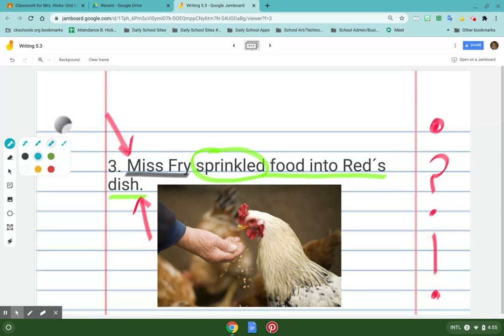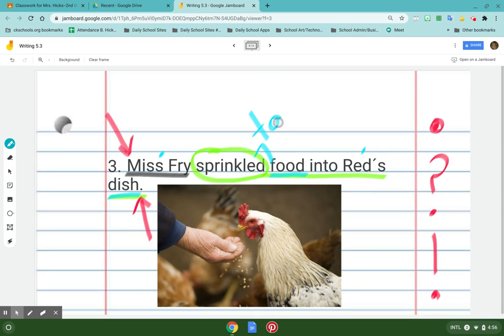Food and dish, okay, are my nouns. These are proper nouns, but I'm not going to put an adjective before those. So I go, Miss Fry sprinkled tasty food into Red's glass dish. Do you see me do that?